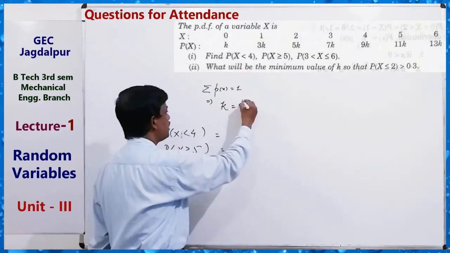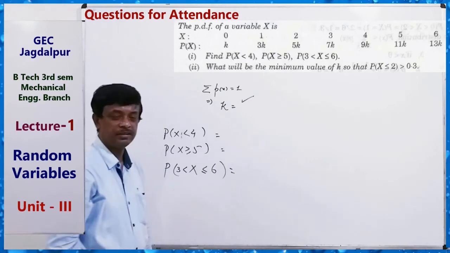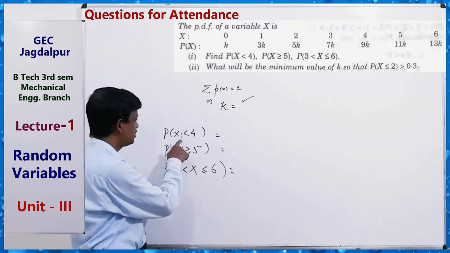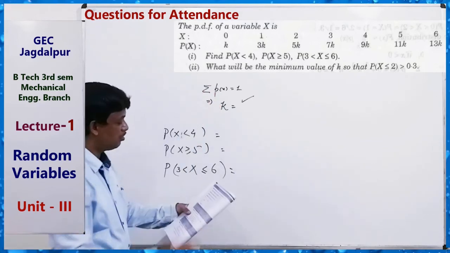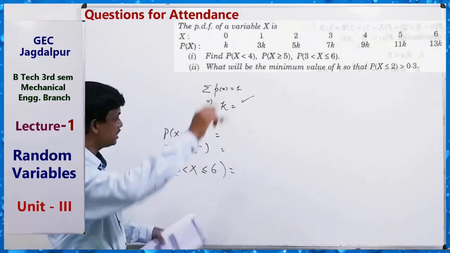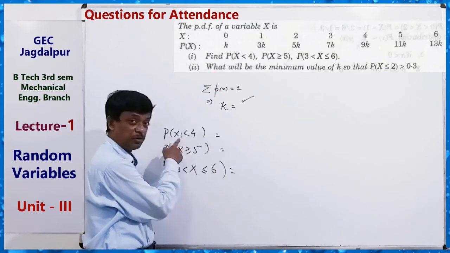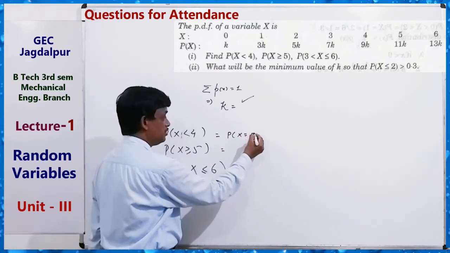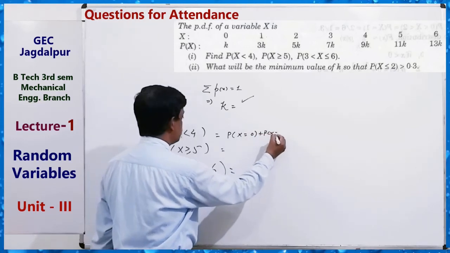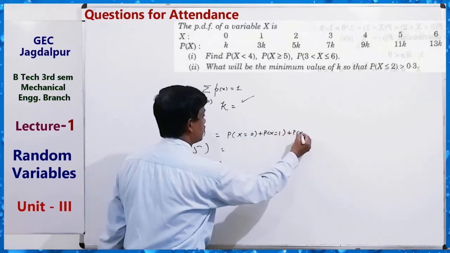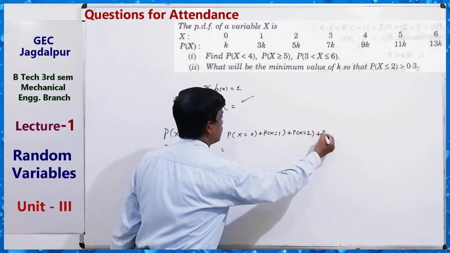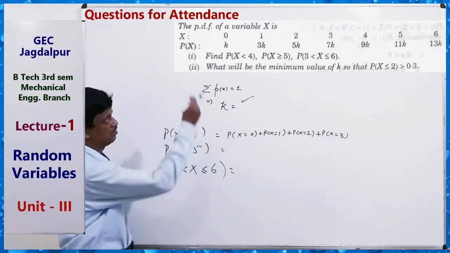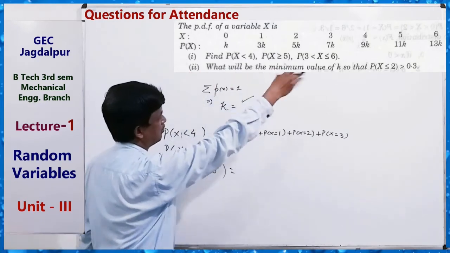After getting value of k, we can find all the values. This means what? Values of x are from 0 to 6. So x less than 4 means px equals to 0, x equals to 1, x equals to 2, x equals to 3.